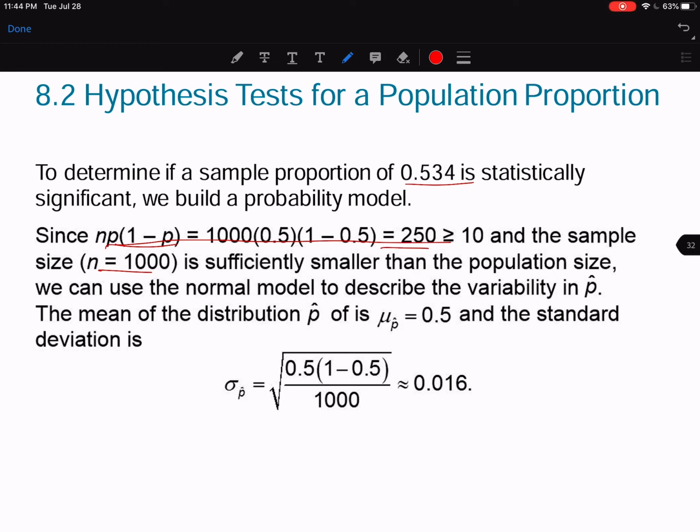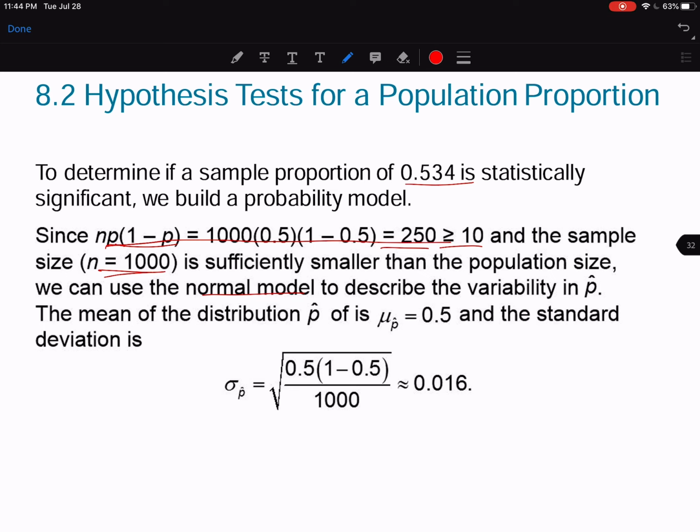Technically we should check whether np(1 minus p) is at least 10 and whether the sample size is sufficiently smaller than the population size. But we don't have to do that in this class because all the problems we meet will satisfy those two conditions. So if those two conditions are satisfied, we can use a normal model to describe the variability of p hat.